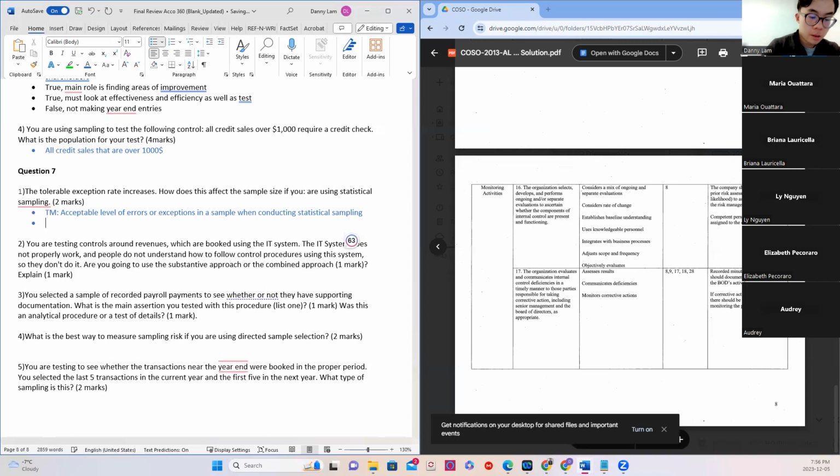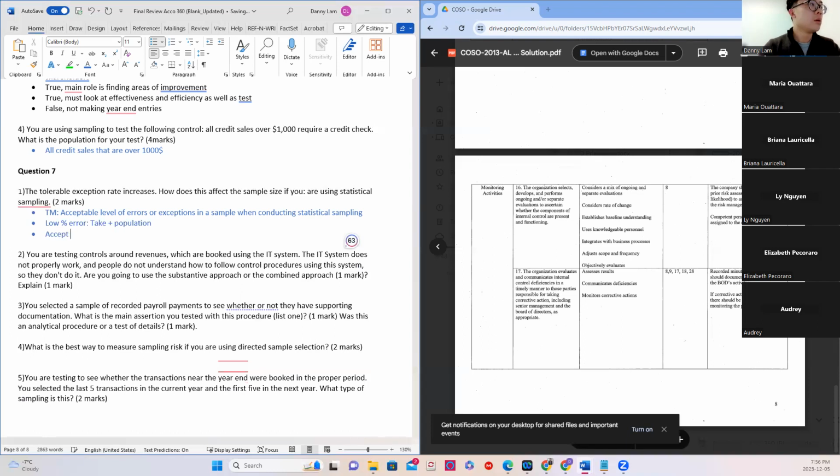So you want a low percentage of error, you take more population. You accept a high percentage of error, you take less population, right? So if we look at what Maria said, if you want a low percentage of error, you have to take more population and then that will cause you to do more work. That's how you should see it.